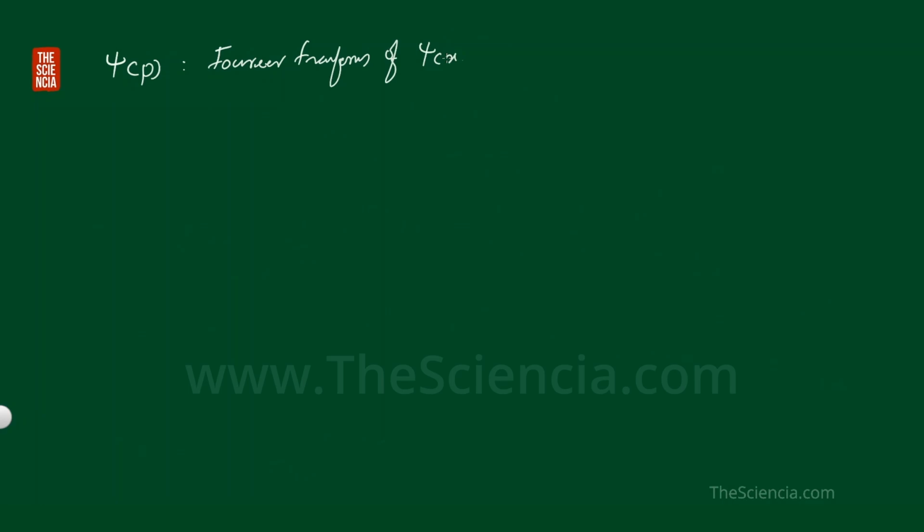That is, psi of p is equal to 1 by root 2 pi h cross, integral minus infinity to plus infinity, psi of x e raised to minus ikx dx. This is the general equation. So we have to substitute all these values in this equation and just do the integration.